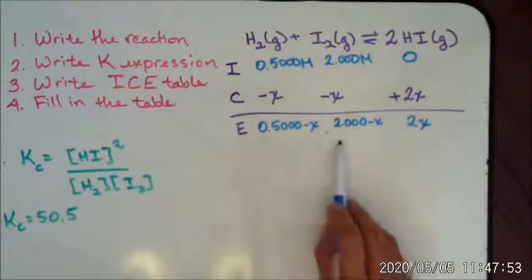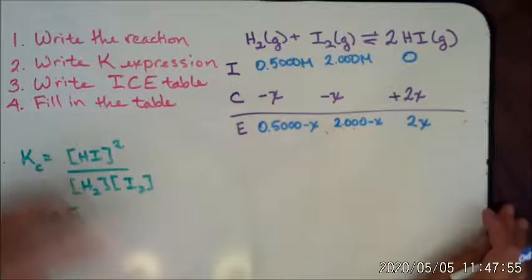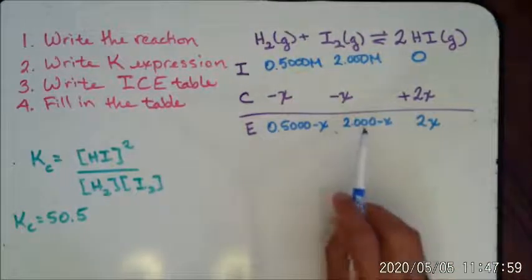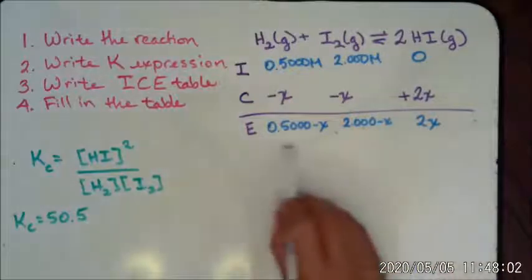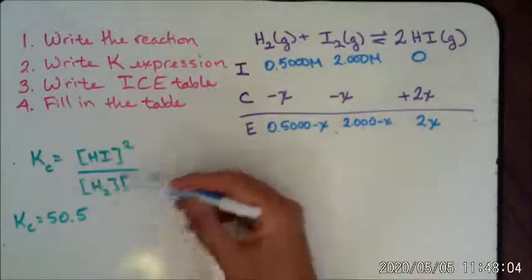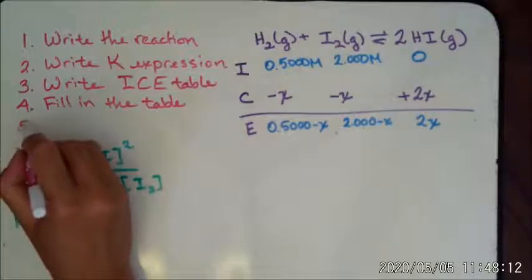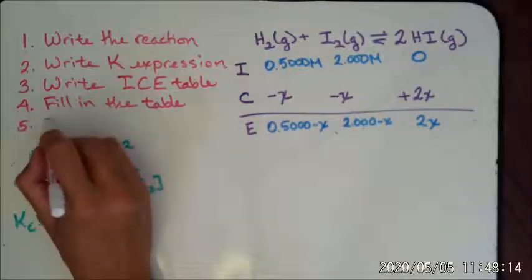So I'm given these expressions. So when you're given K and you're given your initial, what you're going to do is this. You take these expressions and you put them right back in here. So let me go ahead and do that. So now that we've filled in the table, you're going to solve for the change.